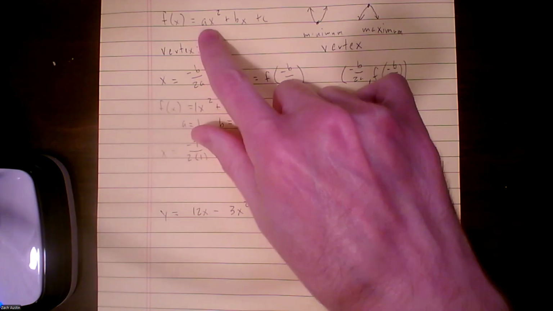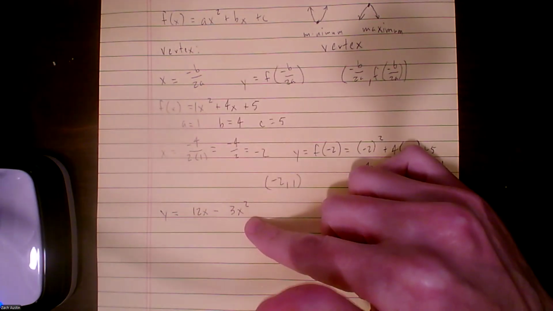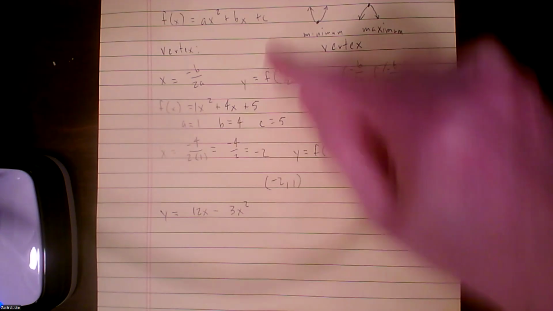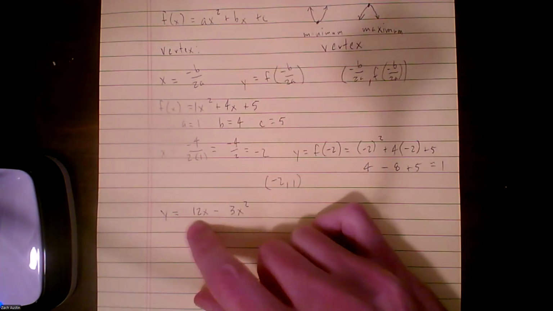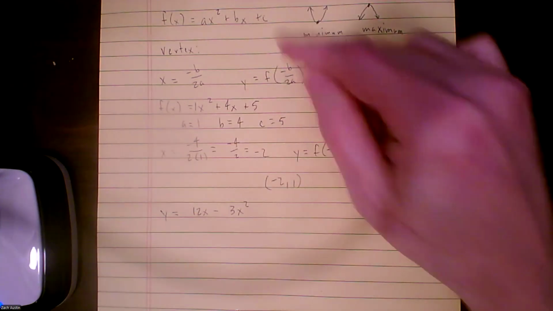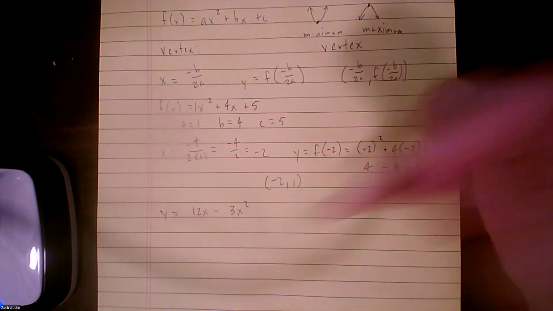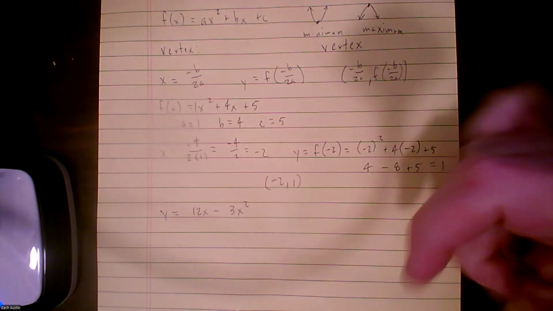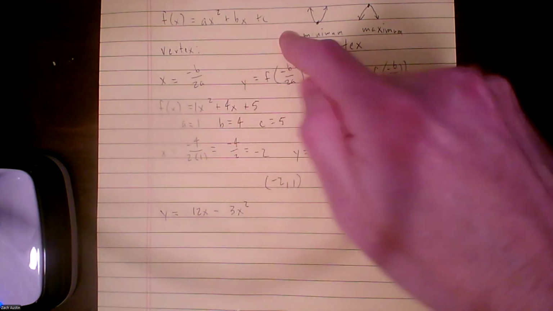What determines what a is is the number that's on the x squared. So in this case, my a value is going to be negative 3, the value in front of the x squared. Then my b is going to be the coefficient of the x term, so my b is going to be 12. And my c is the constant value. In this case, we don't have a constant value, so our c value would be 0 there. So it doesn't matter what order they write them in. We just want to make sure we're matching these things up.